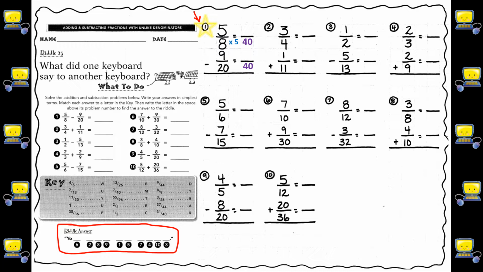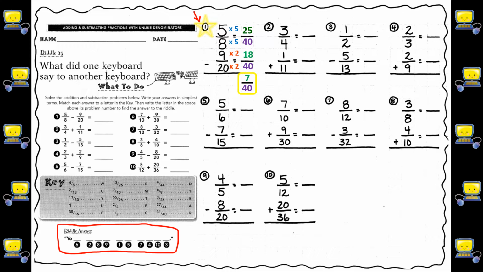8 times 5 is 40. 5 times 5 is 25. 20 times 2 is 40. 9 times 2 equals 18. We keep the denominator, and now we're going to subtract the numerators. 25 take away 18 equals 7.